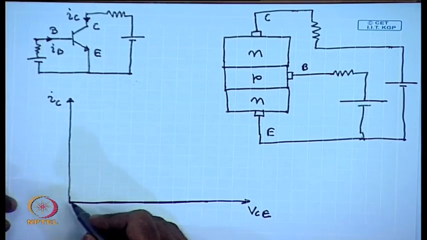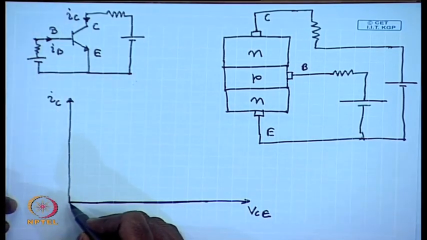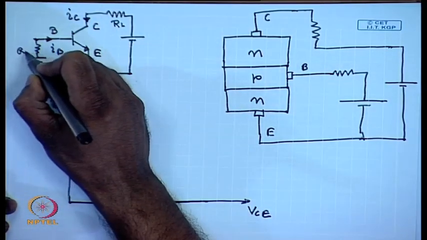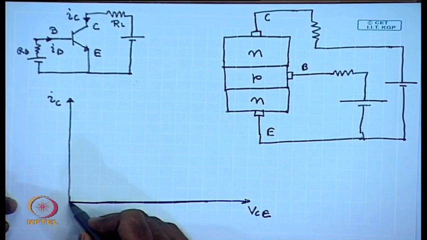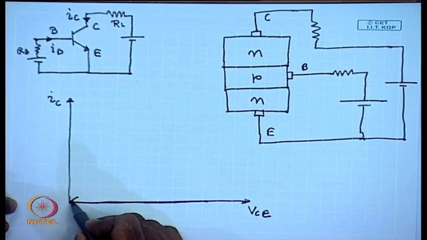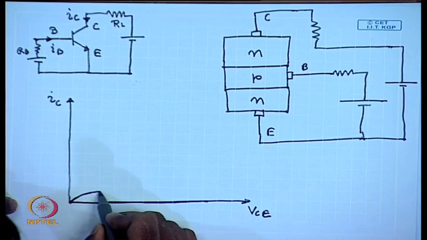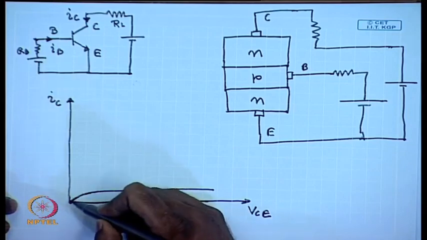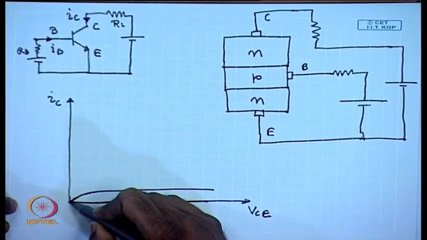As we keep on increasing the base current for a given load resistance RL, the collector current starts increasing and then saturates at a particular value for a given base current, determined by the device characteristics.